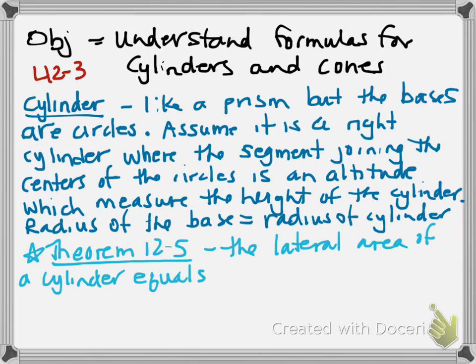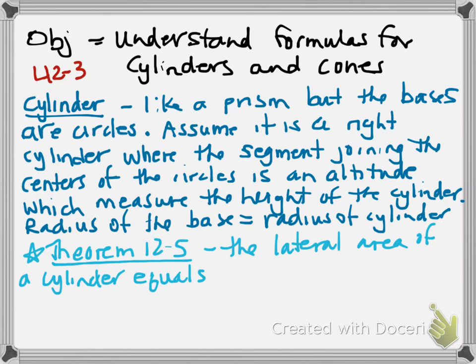Yeah, just perimeter times height. Okay, not 1/2. That's talking cones, or talking pyramids. So it's just of a cylinder. It was the perimeter of the base times the height of the prism.